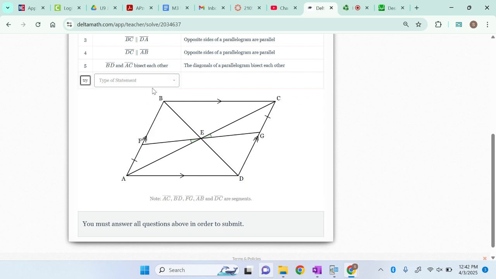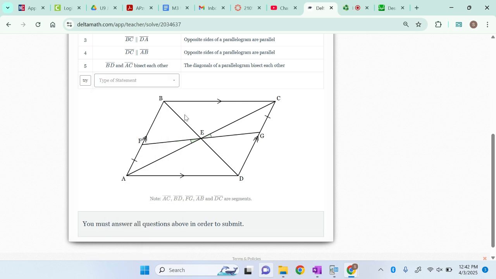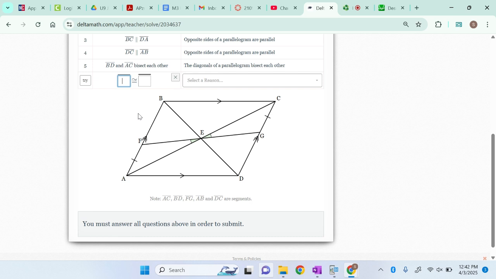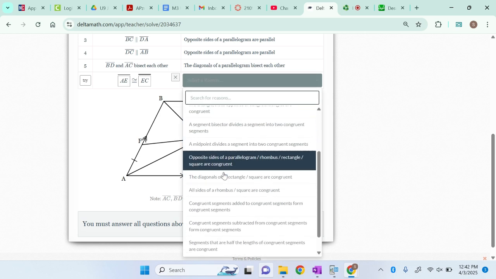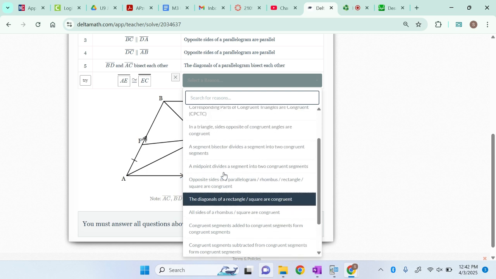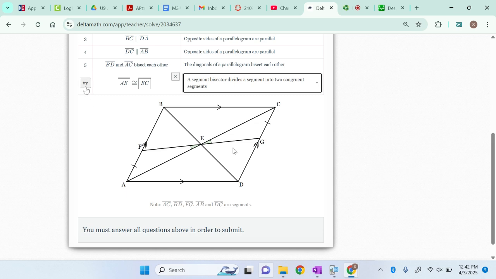So that means AE is congruent to EC, and the reason is because a segment bisector divides the segment into congruent segments.